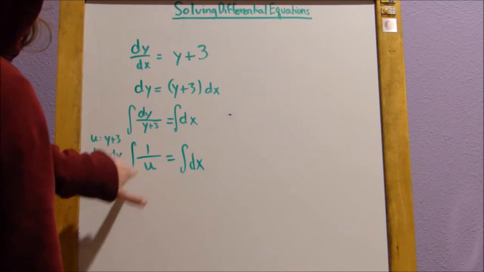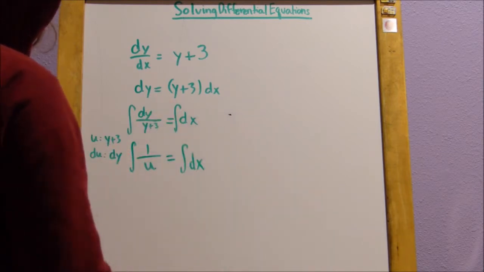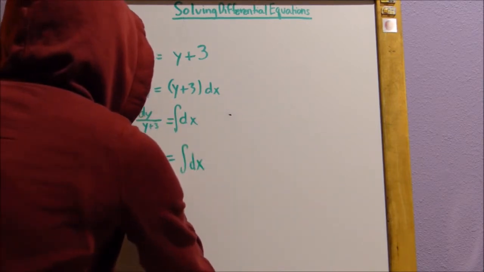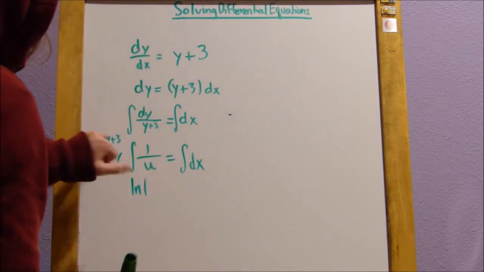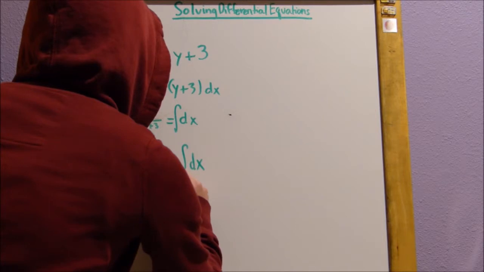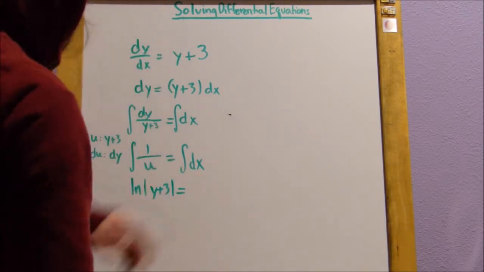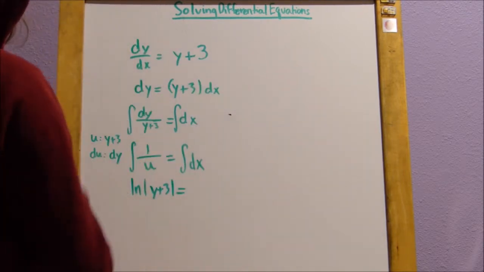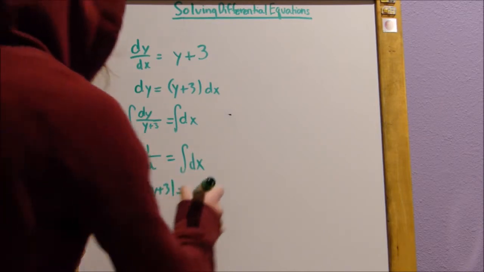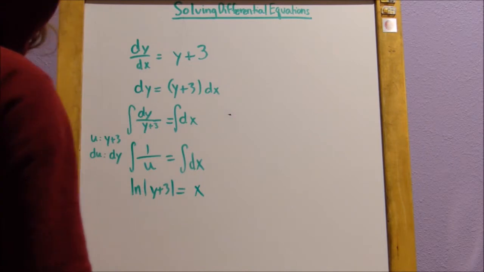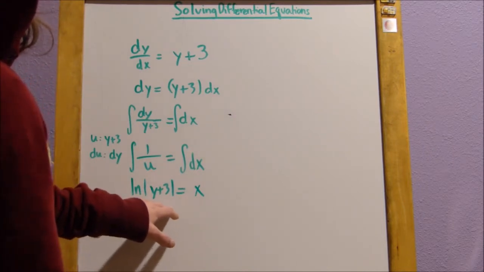Now, the antiderivative of 1 over u is always going to be ln of u. So ln of, you have to put the absolute value bars here, of y plus 3 equals the antiderivative of dx. With dx you can use, like in the last problem, where it's just 1 dx, and then the antiderivative of that is just x. So now we have ln of y plus 3 equals x.